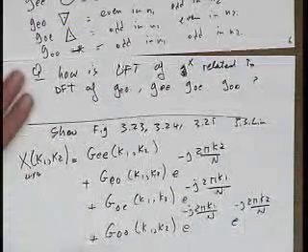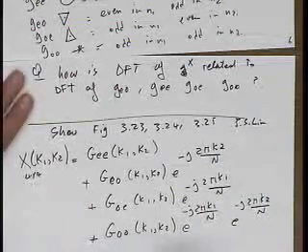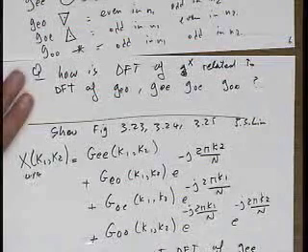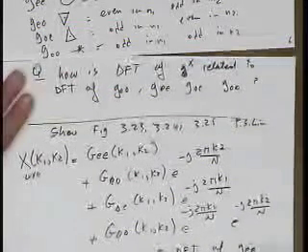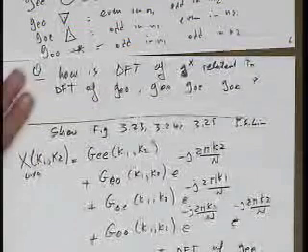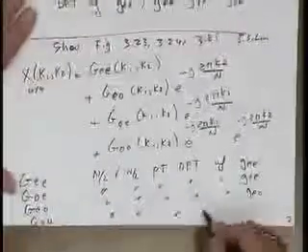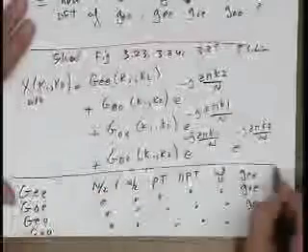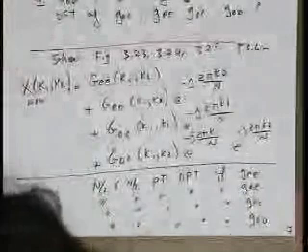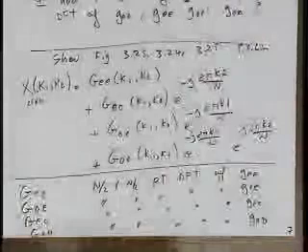Where GEE is the n over 2 by n over 2 point DFT of little GEE. GOE is this of GOE, and then GEO is this of GEO, and capital GOO is the n over 2 by n over 2 point DFT of GOO. And so pictorially, what this looks like is as follows.